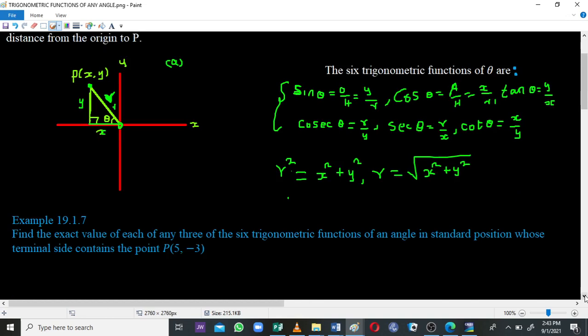Now we can apply this definition in an example. We've been given that a point P has the x value 5 and the y value -3. I want to find the exact value of any 3 of the 6 trigonometric functions, so we just need to make a choice of 3.